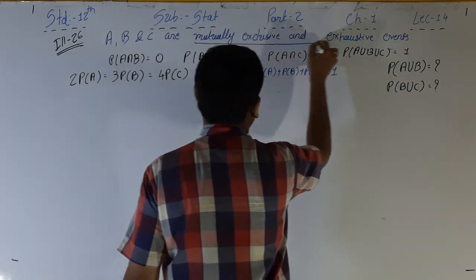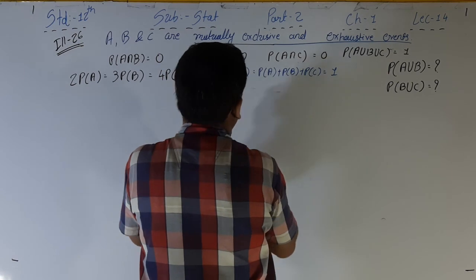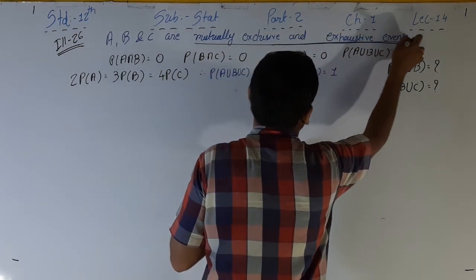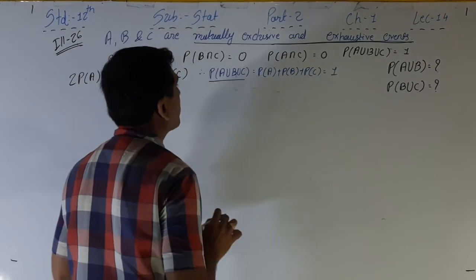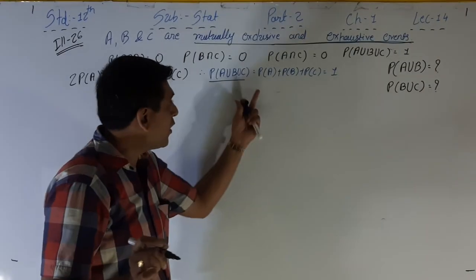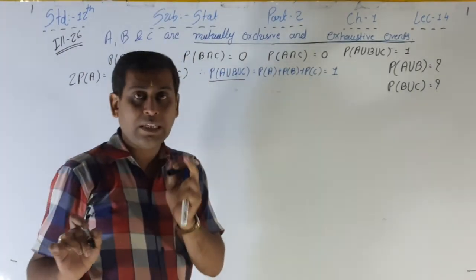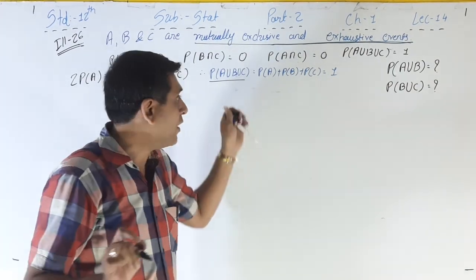Whenever both points are there, mutually exclusive and mutually exhaustive events, the formula for A union B union C, that is the law of addition, is P of A plus P of B plus P of C is equal to 1. This is the law of addition of probability, right?